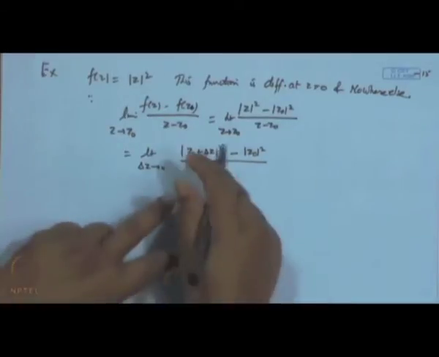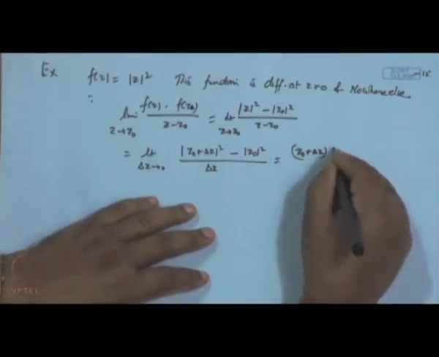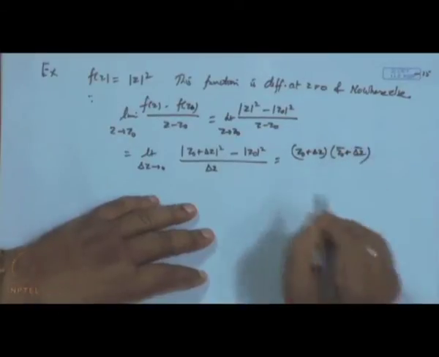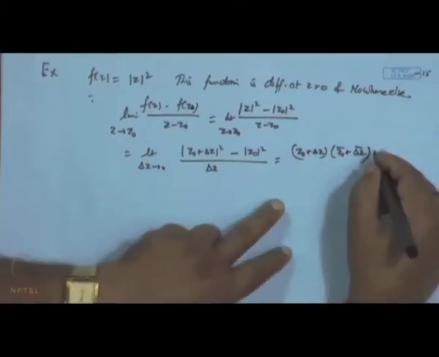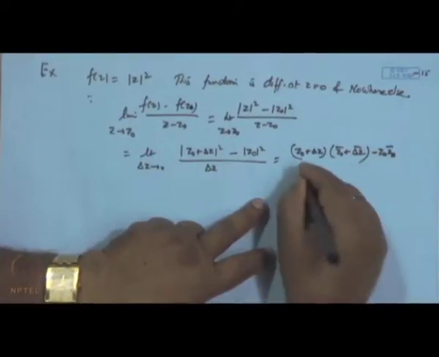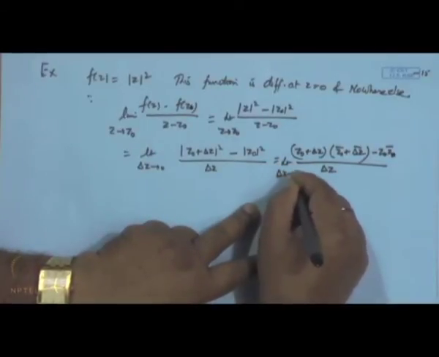This will be equal to (z naught plus delta z) into its conjugate, z bar minus z naught bar, divided by delta z, with the limit as delta z tends to 0.